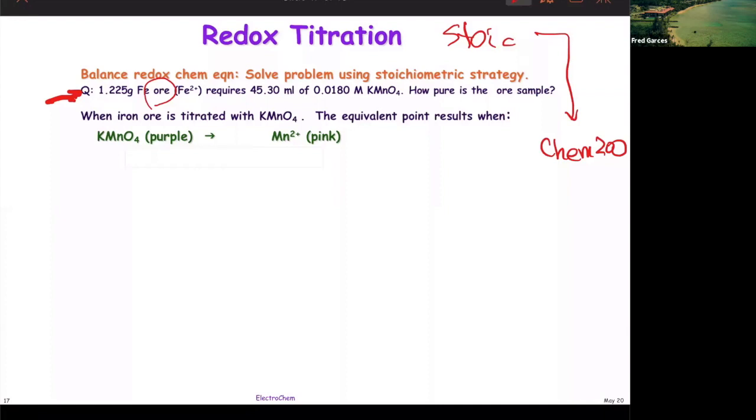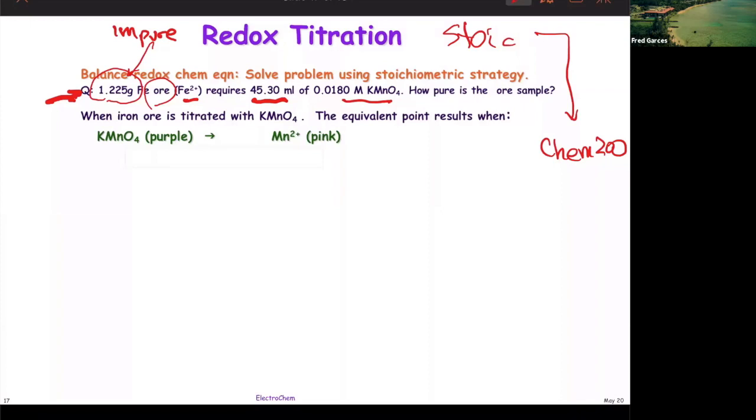So what we have here is iron ore in its +2 state requires 45.3 milliliters of potassium permanganate. How pure is the iron ore? So this right here is the impure sample. Your job is to figure out how much iron is in that sample.